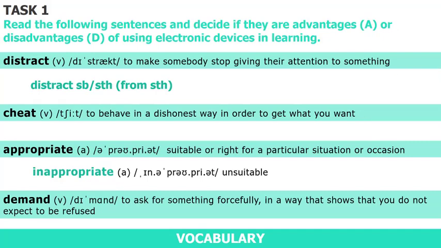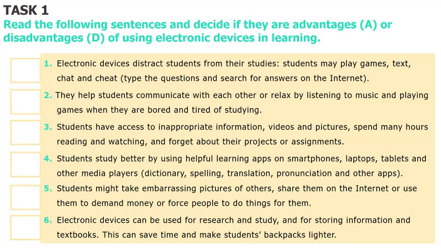Finish? Well done. Now, read the following sentences again and decide if they are advantages A or disadvantages D. 3 minutes for you to do this task. Have you finished?